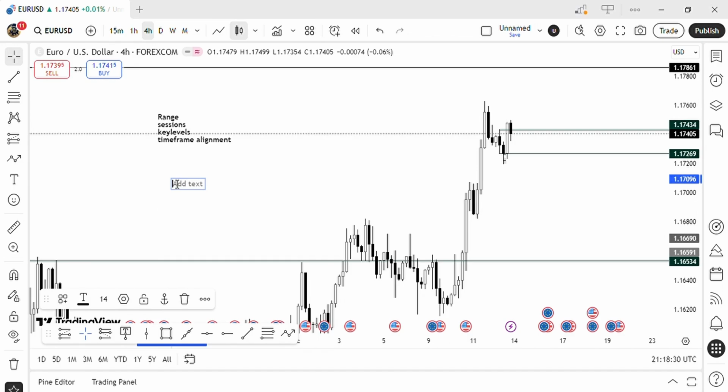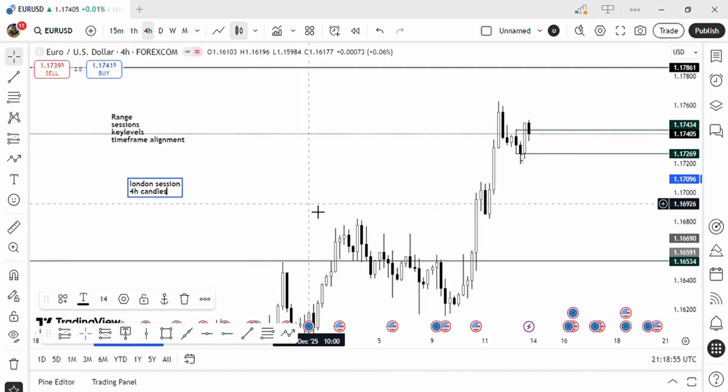For your London session, when trading the CRT model during the London session, you should watch out for the 4-hour candles. And what are the 4-hour candles you should watch out for?